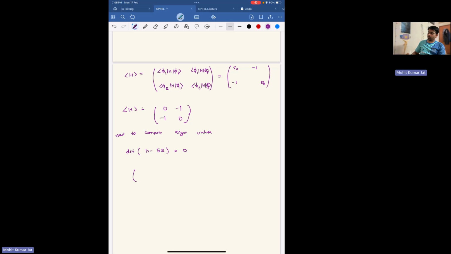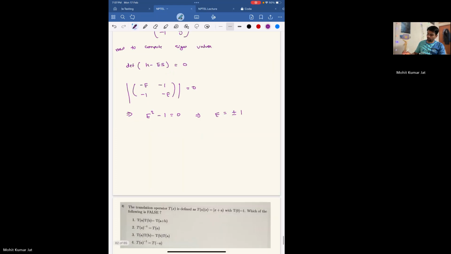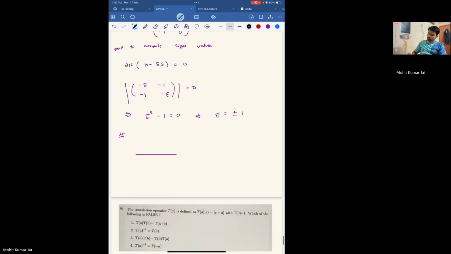If I do it, it will be the determinant of minus E, minus 1, minus 1, minus E equal to 0. That gives me E square minus 1 equal to 0, which gives E equal to plus minus 1. So now, initially, the energy was 0, E equal to 0 when atoms were far apart.